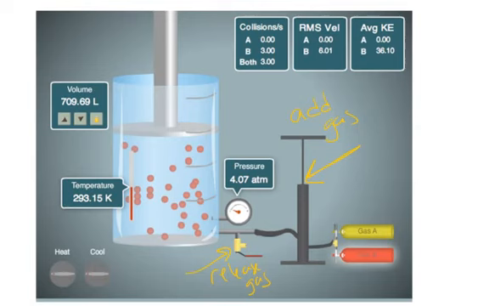We have two different gases, a yellow gas and a red gas, gas A and gas B. We are monitoring the pressure here, the temperature here, and the volume here. These knobs, when you tap on them, will cool the container down or heat the container up. So you will be manipulating this simulator to answer various questions and try to relate properties.